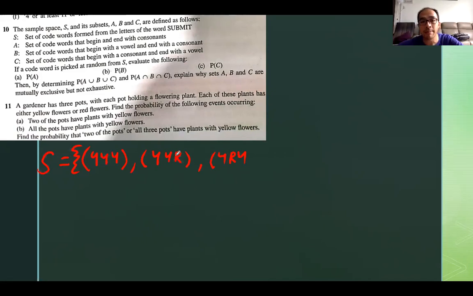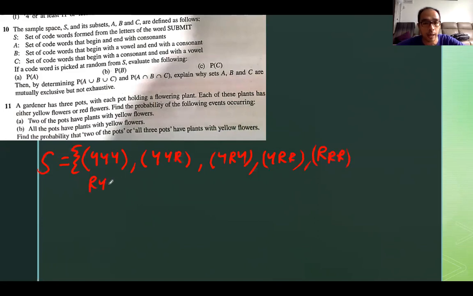Okay, let's try to list them all out. Yellow, yellow, yellow, yellow, yellow, red, yellow, red, yellow. Apa lagi? Tell me the rest of the 5. Let's see. So yellow, red, red. Red, red, red. Apa lagi?